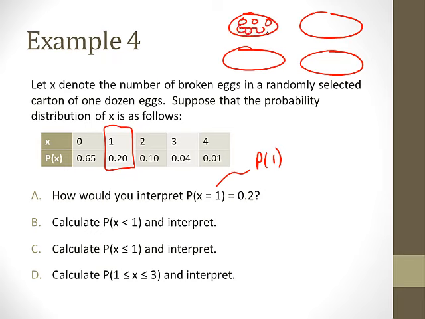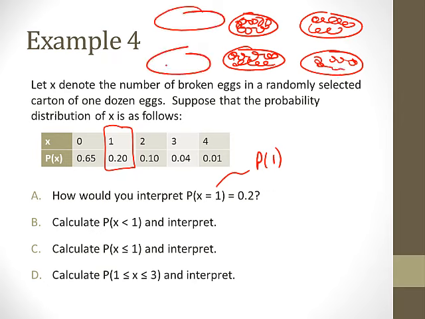I'm not going to be able to squeeze them all in there, but just imagine a dozen eggs in each of these cartons. So just imagine a bunch of these cartons of eggs. When I dip in and get a carton, 20% of the cartons themselves have exactly one broken egg.